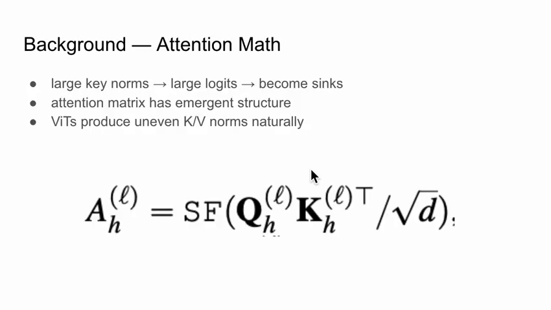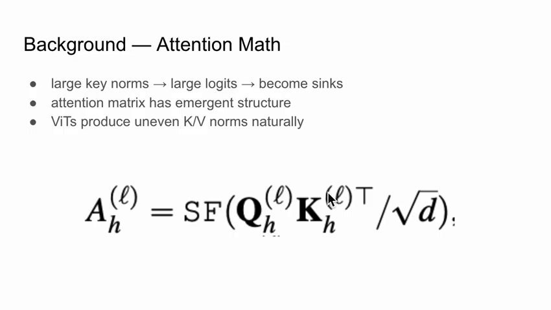Here's the key idea behind the math. I won't show all the equations on the slides, but let me explain the mechanism in words. Attention computes similarity between queries and keys. If a key vector has a much larger magnitude than the others, its dot product with every query will be large.